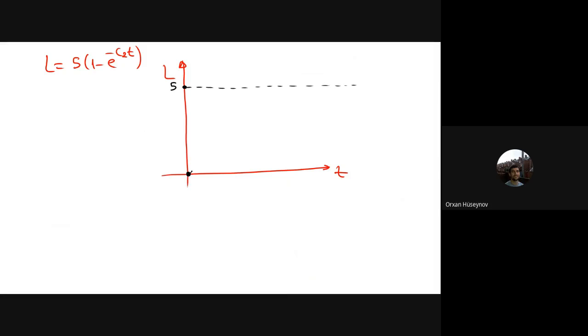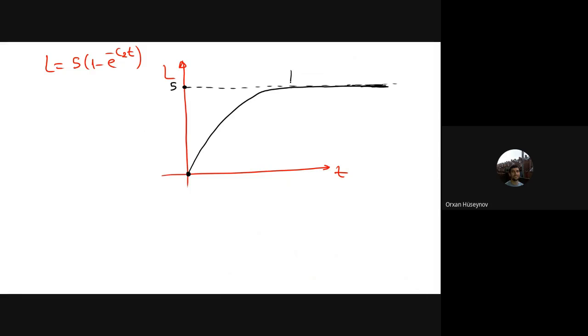The function should be something like this, but after a very large time it will not change. It will not be exactly the same as 5, but it will asymptotically approach it.